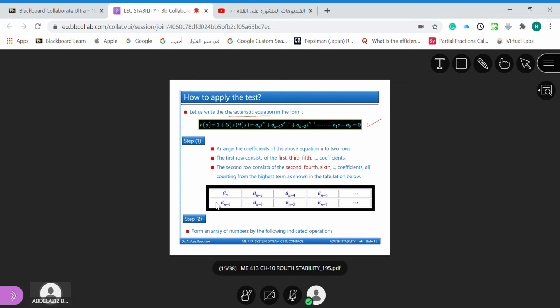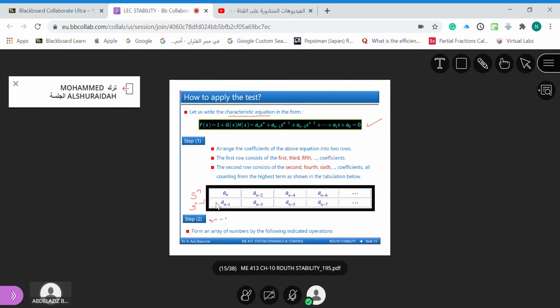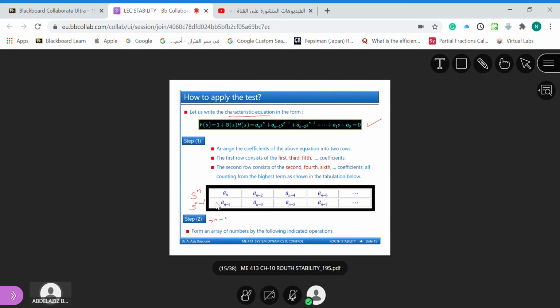Now step one is to arrange the coefficients in the above equation into two rows. Write here s to the power n, s to the power n minus 1, then s to the power n minus 2, s to the power n minus 3, and so on. The coefficient of s to the n, you will start with an here.